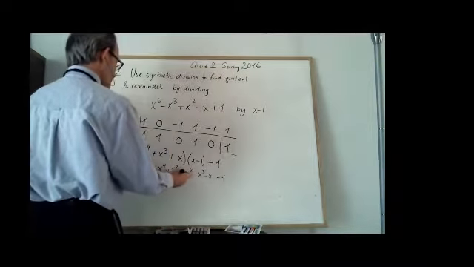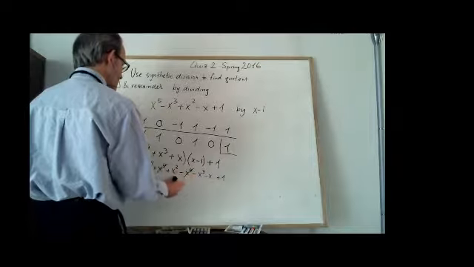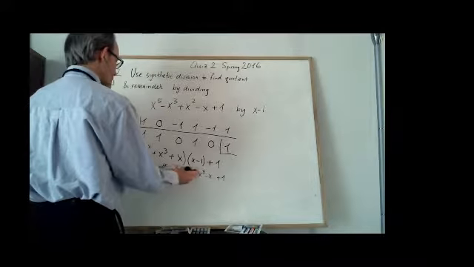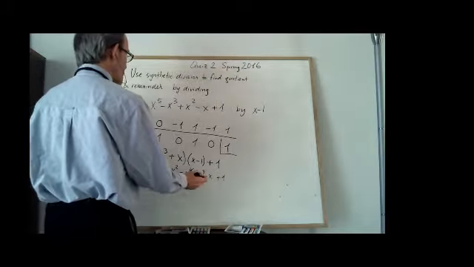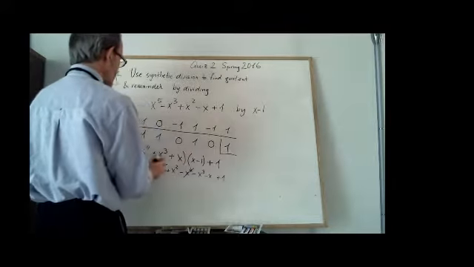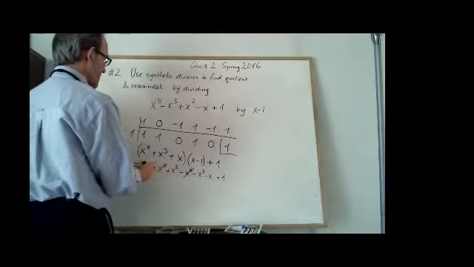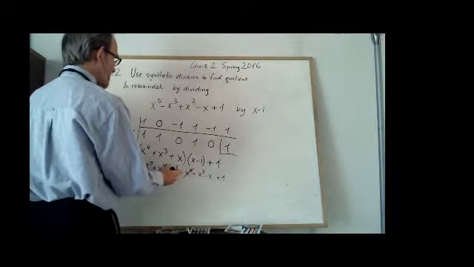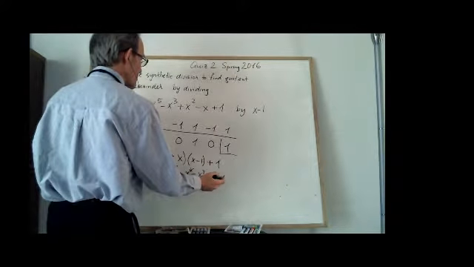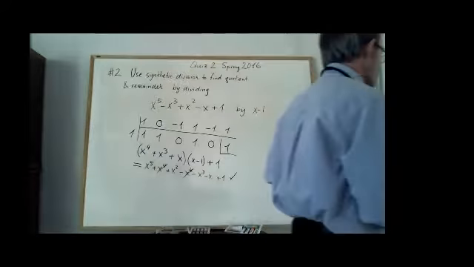So the x to the fourths cancel, and everything else we just leave the way it is. We can check every term is there. So x to the fifth minus x cubed, the order has changed a little bit, plus x squared minus x plus 1. So that is correct. It's equal to the original polynomial.